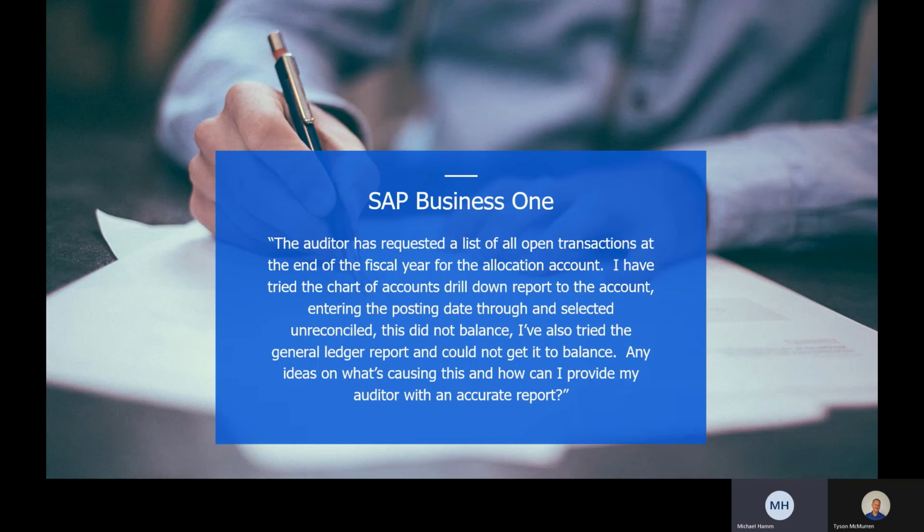And this challenge and situation from this controller hits exactly what we preach here at Third Wave, and that's the 4 C's. And it hits 2 of the C's here, really, in control and also core, with tying this back to your Business One system.